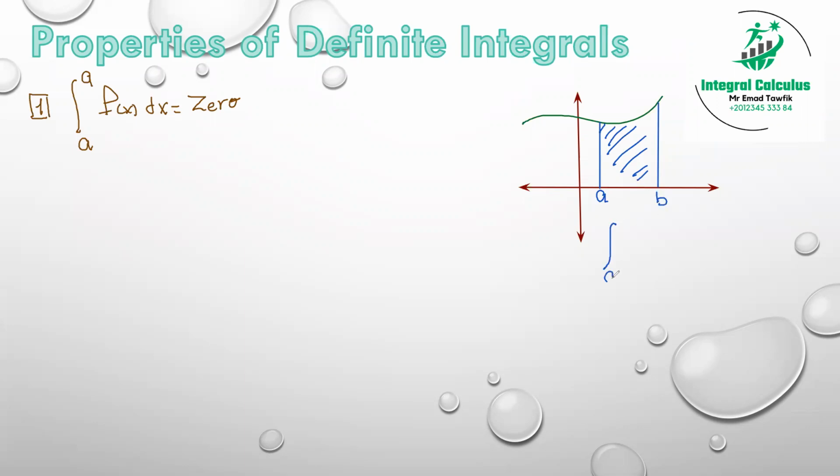To get that area, you integrate from a to b for the function f of x dx. So if I integrate from a to a, it means zero area.